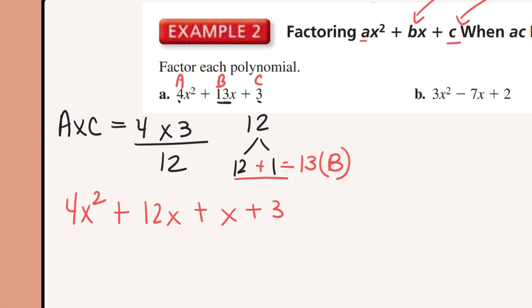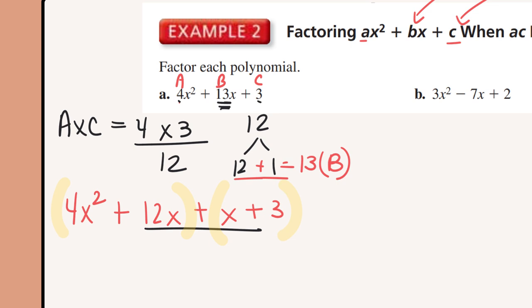In a way, you broke this down; you notice 12x plus x gives me 13x. Now you're going to separate it into two binomials so that you can factor. We're going to separate 4x squared plus 12x and x plus 3, leaving that middle sign in the middle, which in this case is a positive. Sometimes it could be negative.